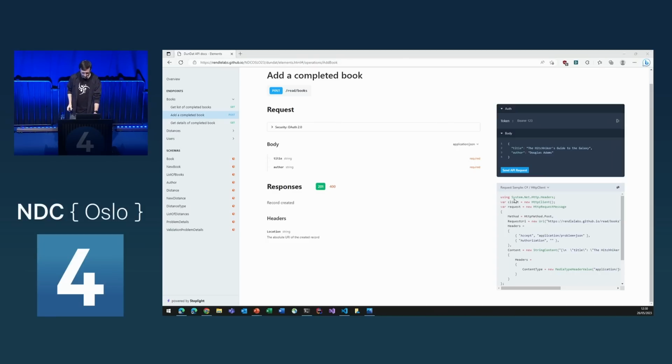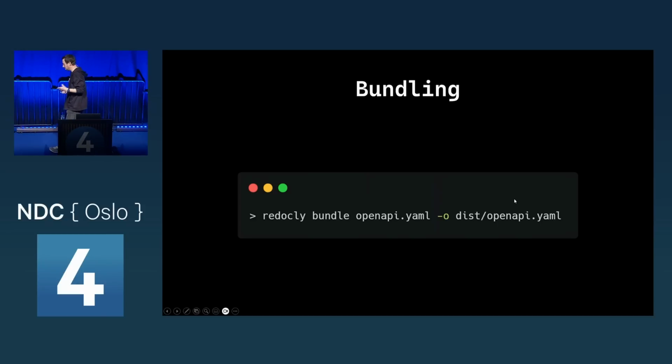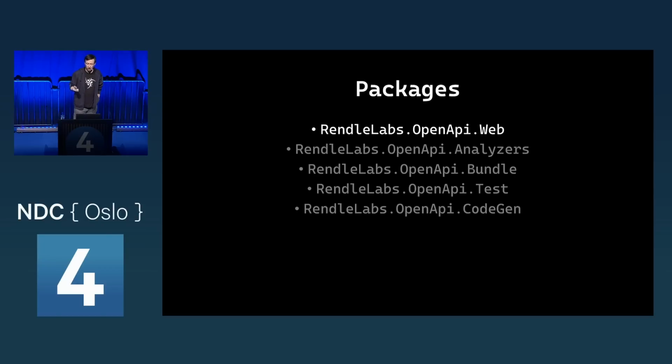So there's a bunch of stuff that I'm noodling with and building to make this work properly. The one that's out there and you can do things with is OpenAPI.web. Because obviously, if you're just going to hand code your OpenAPI file and then dump it into your project, you need a way to serve that out.